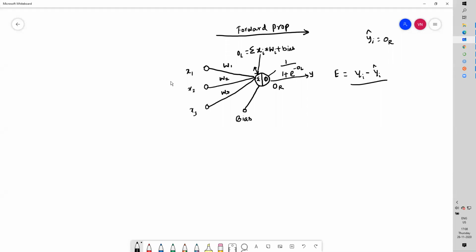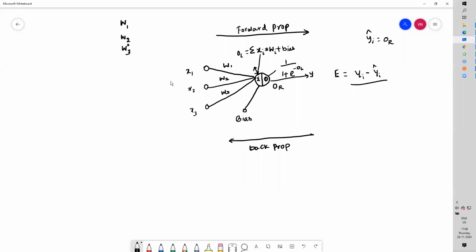Later, after the first iteration, we realize what the error is, and to reduce our error, we have to do the back prop. In the back prop, we are going to update our weights W1, W2, W3. Let's say at the first step, we would randomly initialize W1, W2, and W3.